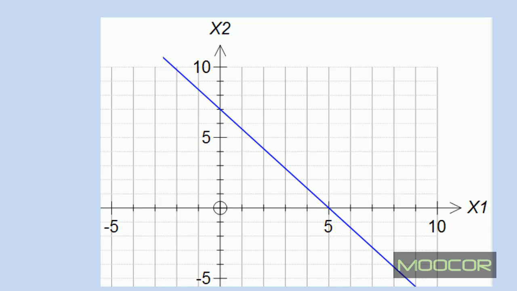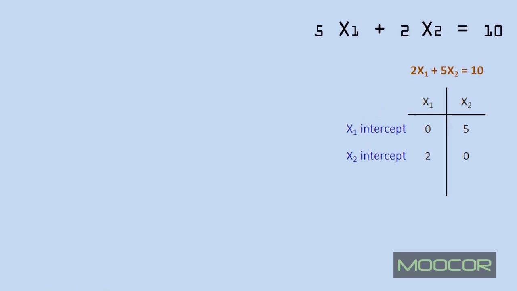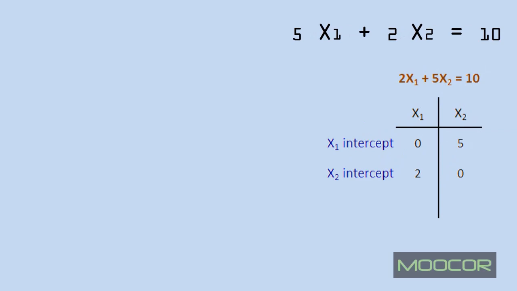We will connect the 2 points and that will be our line. For example, for this example that we have in here, we can simply plug the value of 0 for x1 and find out what x2 is, and plug the value for x2 to be 0 and find what x1 is.